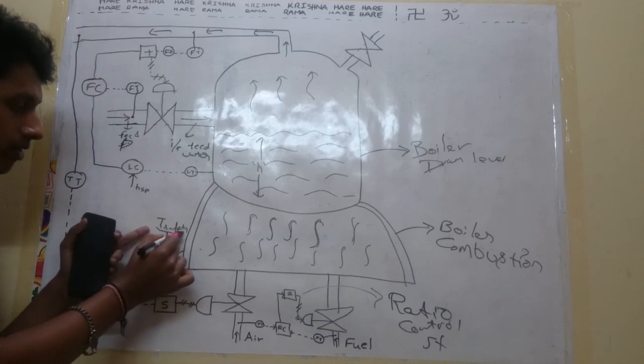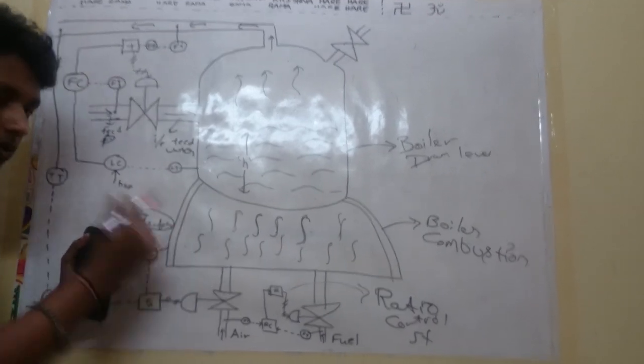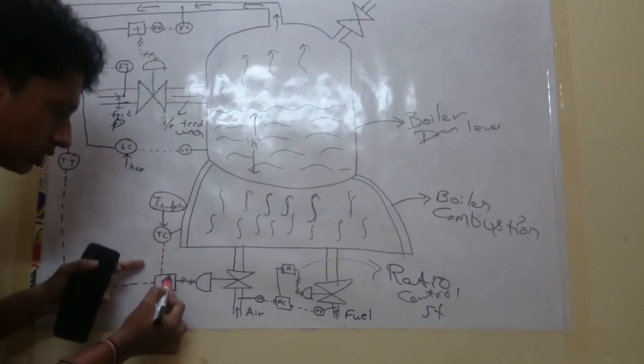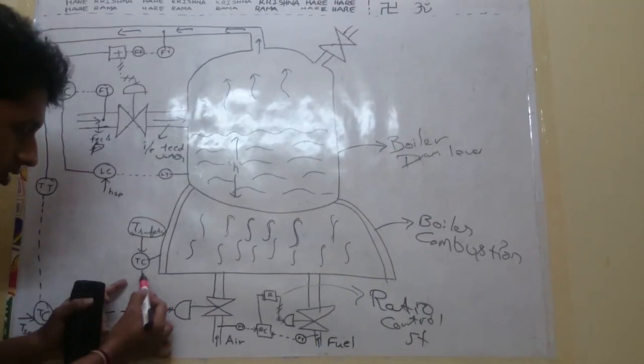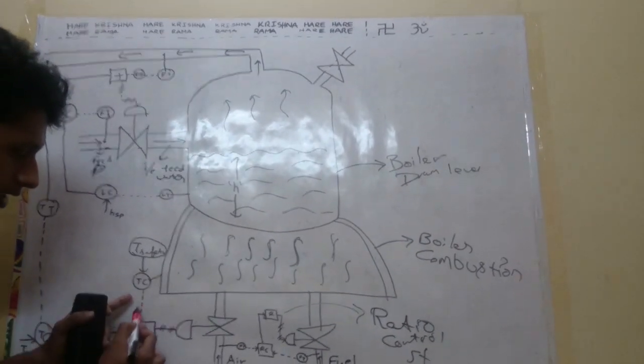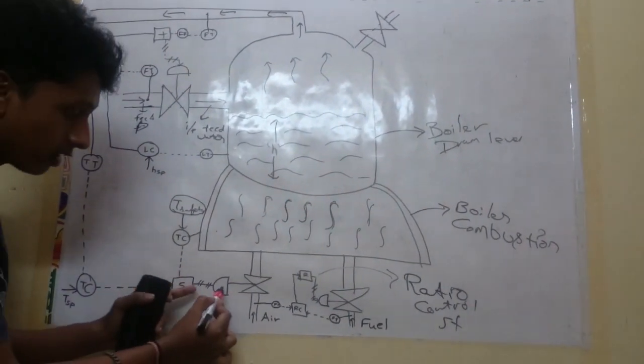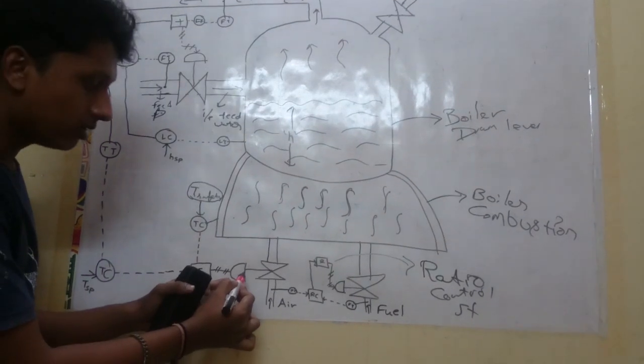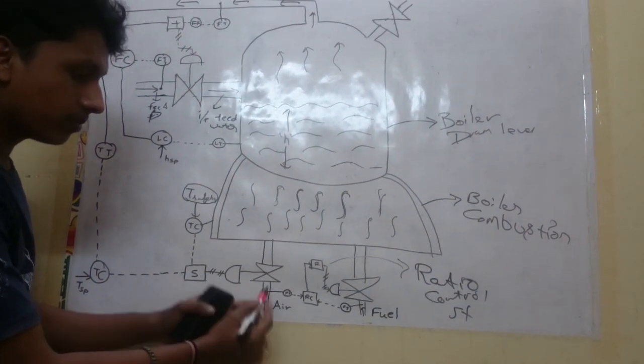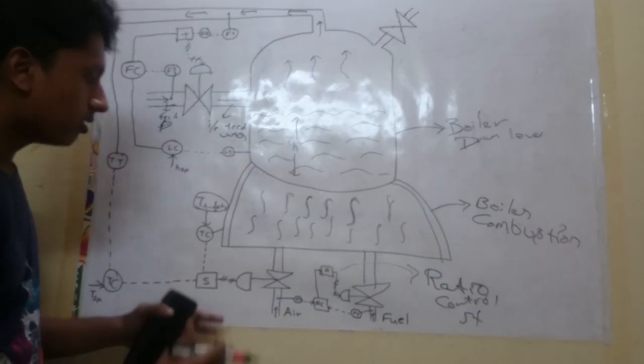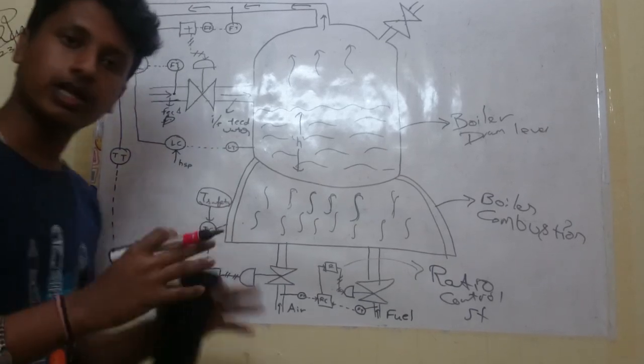So if it crosses that limit, the controller will give a signal to the pneumatic valve, so it will stop the airflow. So the combustion will be stopped suddenly.